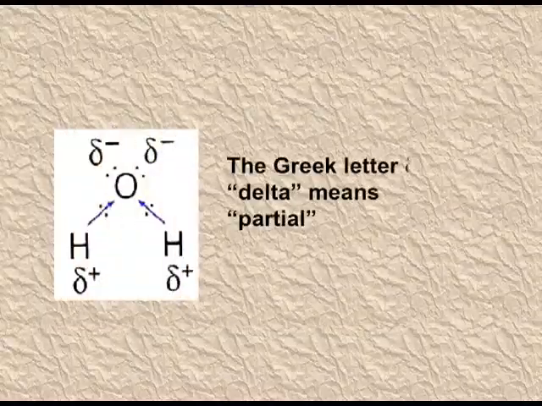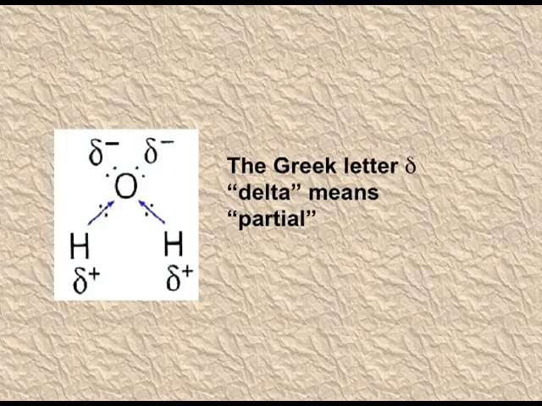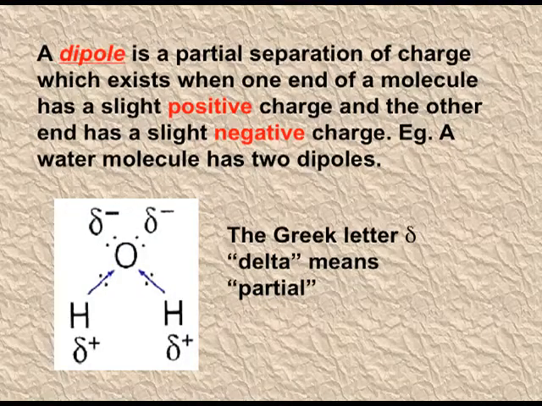We denote this charge by delta. Delta means partial. In the case of water, you can see oxygen is more electronegative and hydrogen is less electronegative. So, the shared pair of electrons shifts towards oxygen.